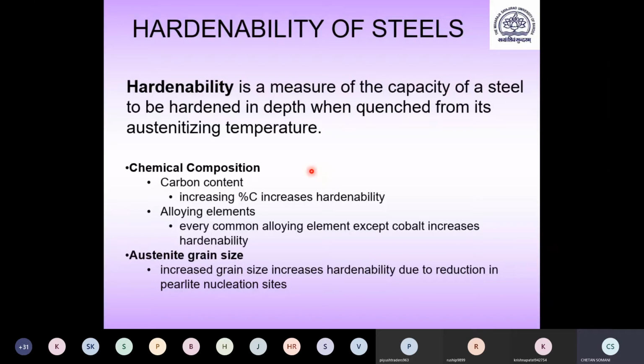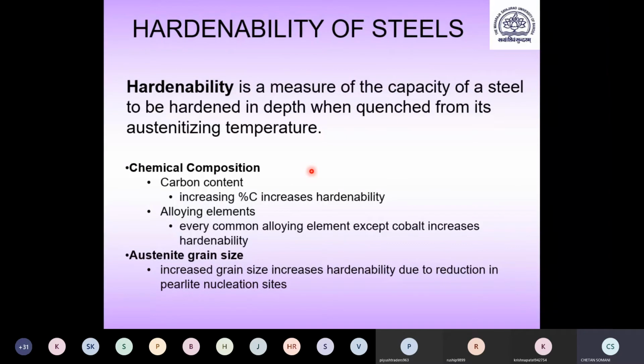Hardenability is a measure of the capacity of a steel to be hardened in depth, that means along the thickness, when quenched from its austenitizing temperature.